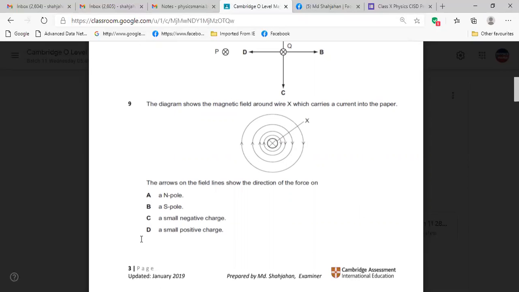Actually, we understand one thing: arrows start at the North Pole and go into the South Pole, right? And also in a compass, the arrow is shown for the North Pole. So using those two ideas, the arrows are actually indicating the North Pole. Okay, 9.